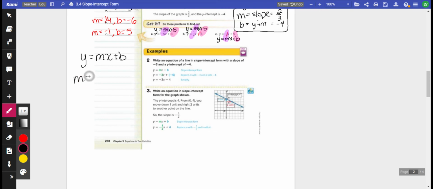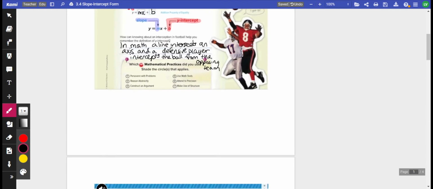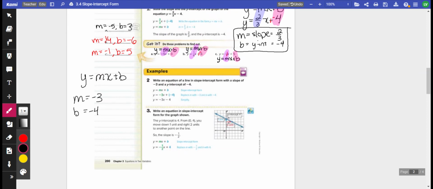So I know slope is represented with m, so m equals -3, and the y-intercept, which is represented with b, equals -4. I'm going to plug it into the equation above.